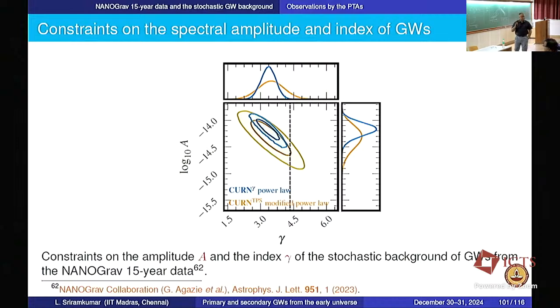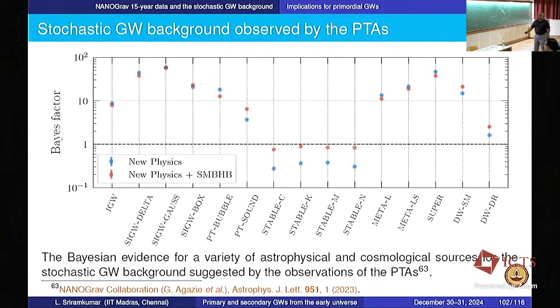There are some details which I'm pushing aside as far as this modeling is concerned. We are assuming the simplest case, and they don't seem to fit the NANO-Grav data fairly well. What are the other possibilities? The NANO-Grav collaboration has considered different possibilities, and one of the things that fits the data fairly well is something known as SIGW Gaussian. SIGW stands for secondary induced gravitational waves.